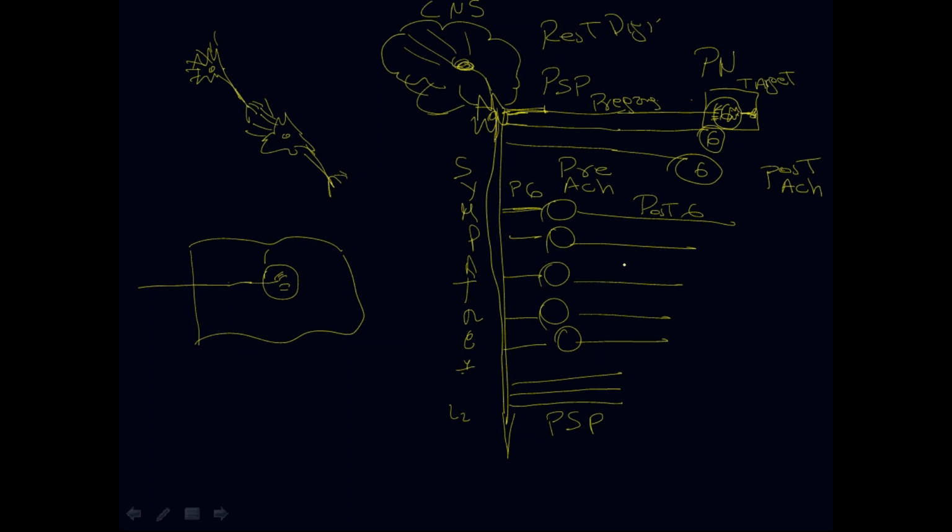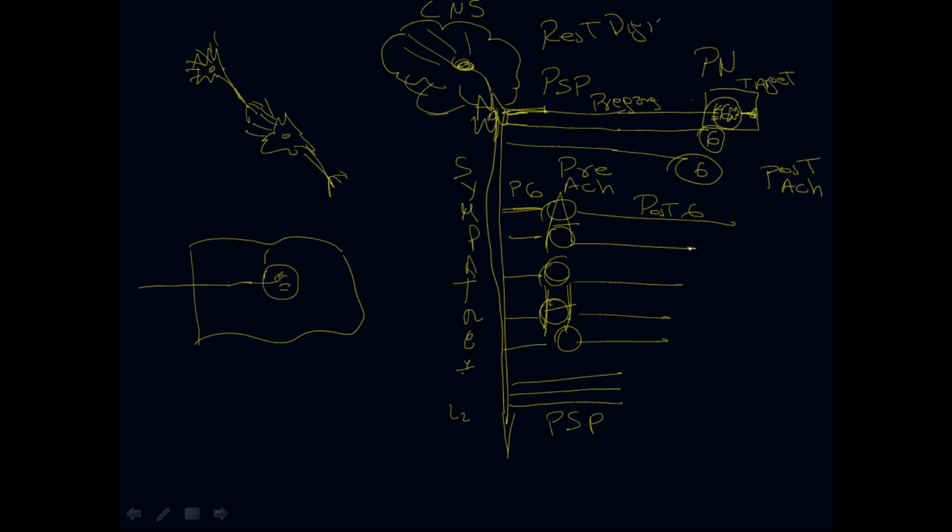Okay? So just remember that preganglionic parasympathetic is longer, and sympathetic is shorter. These ganglions are all going to release acetylcholine, ACh. So everybody is doing acetylcholine.